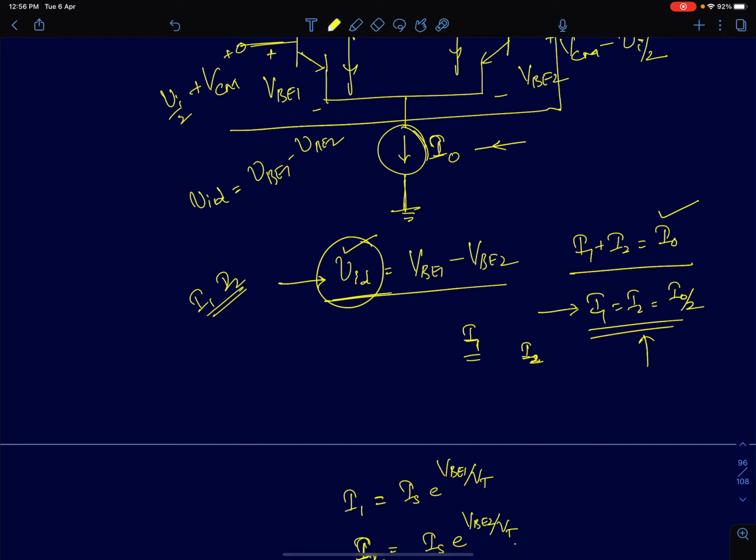How do the currents I1 and I2 change? Then I'll also look at small I1 and small I2, which is what you get if you subtract the DC component I0 by 2 out of them. Then we will look at how I1 and I2 look in the circuit.